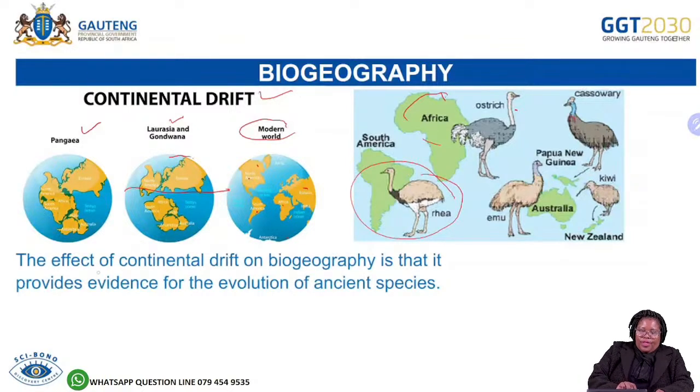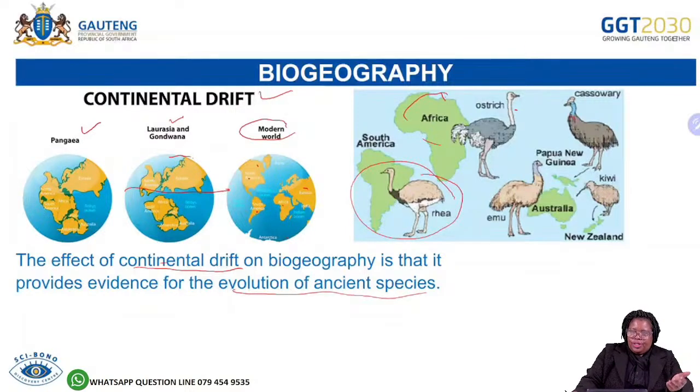Now, the effect of continental drift on biogeography is that it provides evidence for what? For evolution of ancient species. If you look at life in ancient times and compare it with life in modern times, because of evolution, species will evolve and change over a period of time.